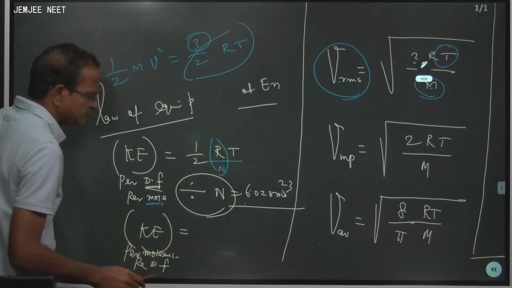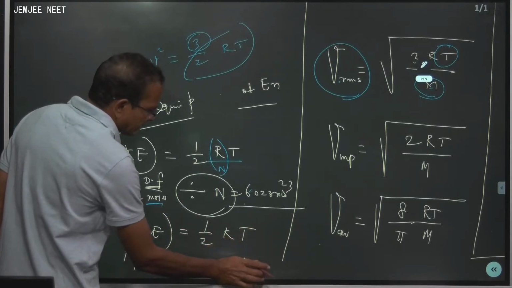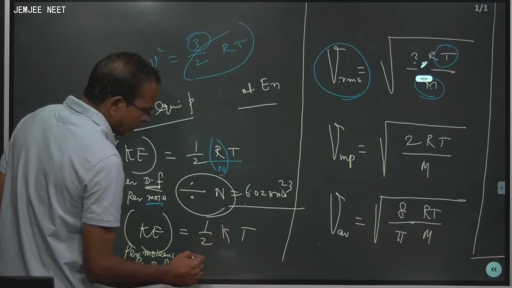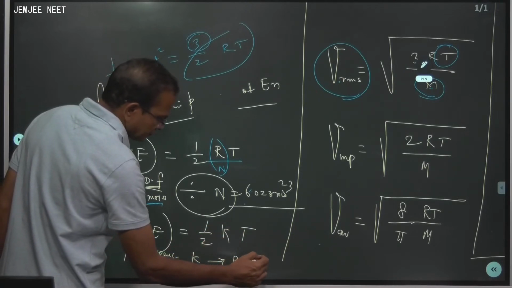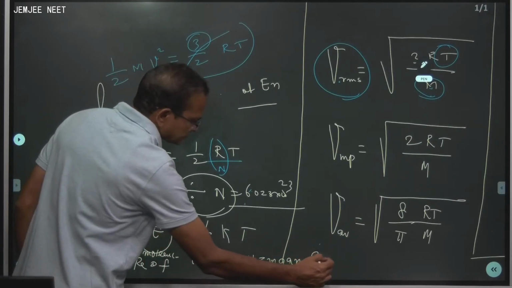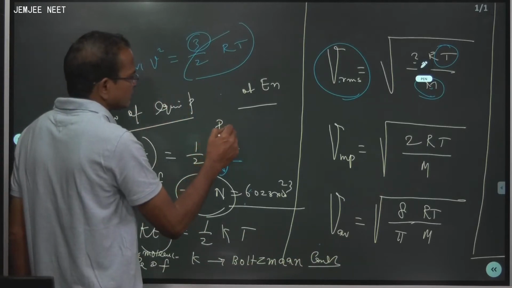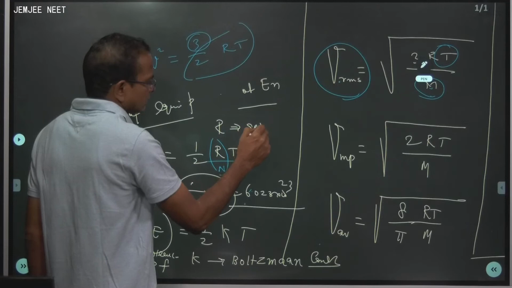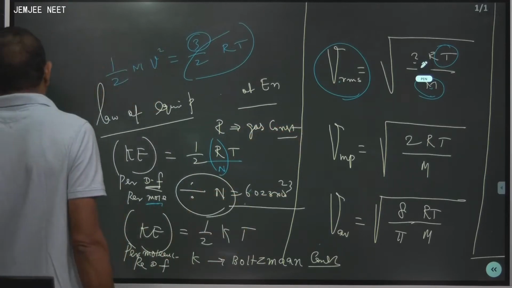Let's see who says. It is k, where k is the Boltzmann constant, and R is the gas constant. Now let us recall.